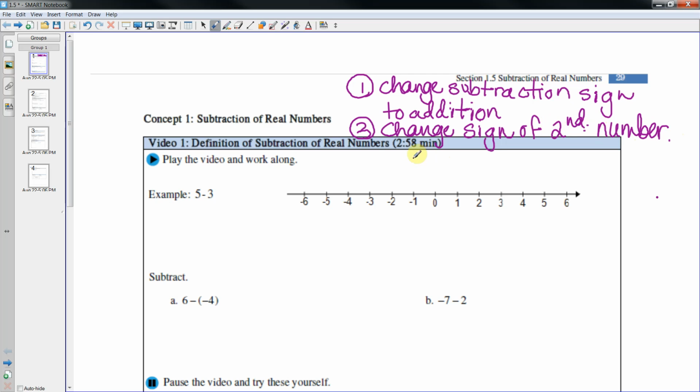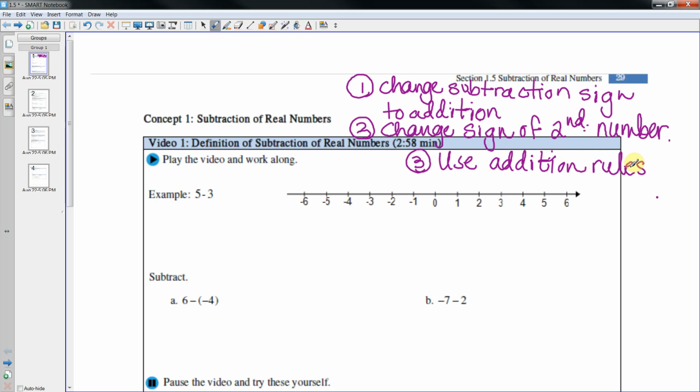And then use your addition rules that we just talked about, because essentially we have just turned it into an addition problem.